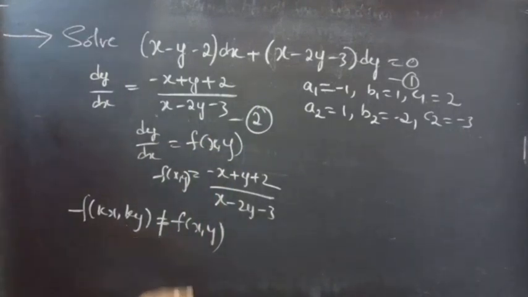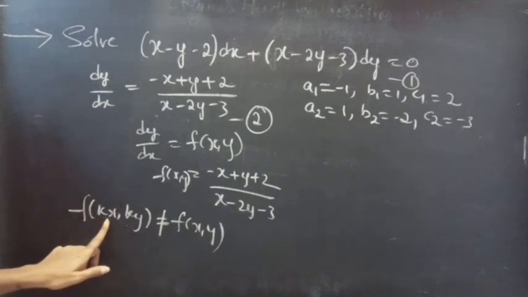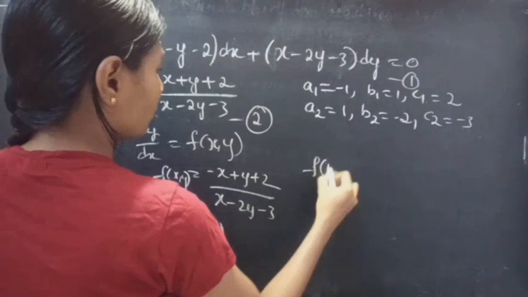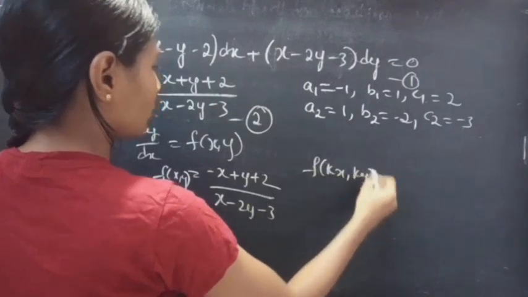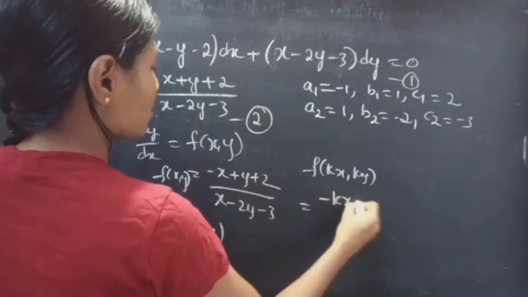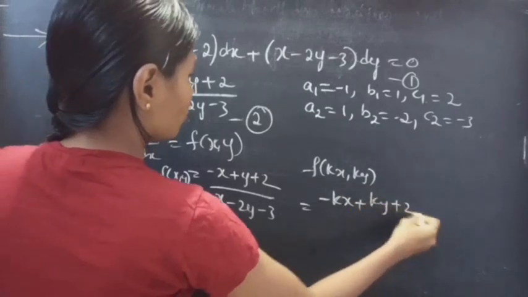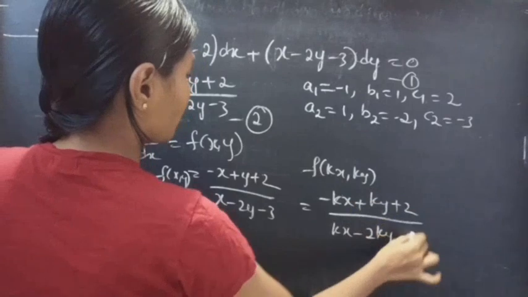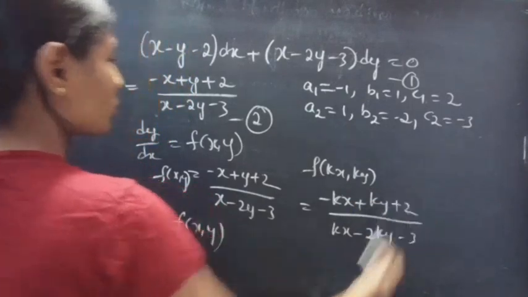Okay, if you want, you can check by replacing x by kx and y by ky: equals (−kx + ky + 2) by (kx − 2ky − 3). See here you are having constants, right?